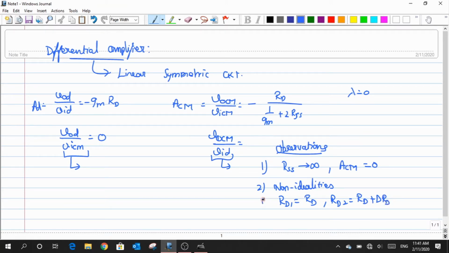The notes also discussed what happens if GM1 is not equal to GM2. When I have those non-ideal behaviors in the circuit, what happens to these terms?